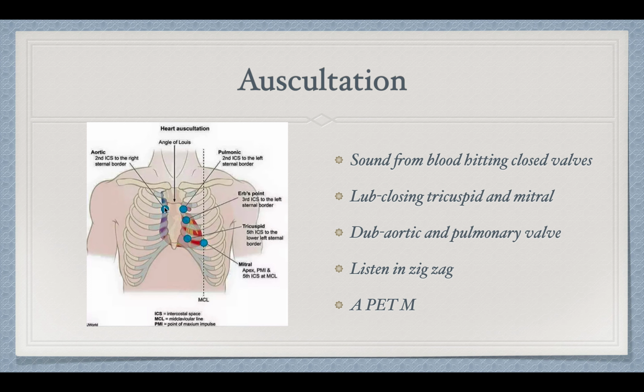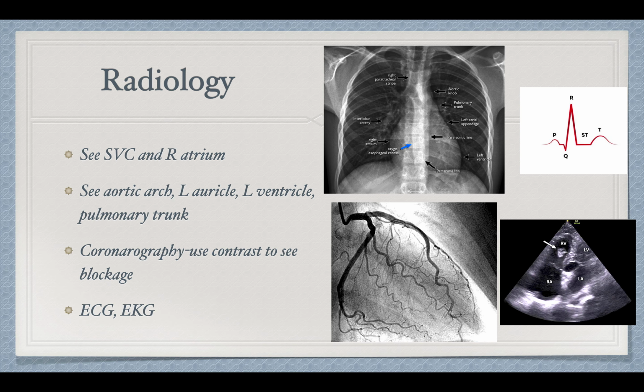So you go from A, P, pulmonic to Erb's point, to the tricuspid, to the mitral, to hear the mitral sounds. And I remember it's just like a pet, so across and down.